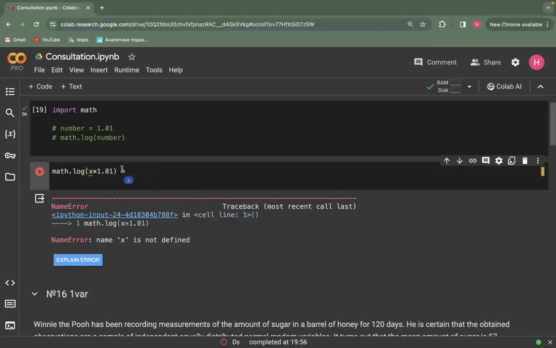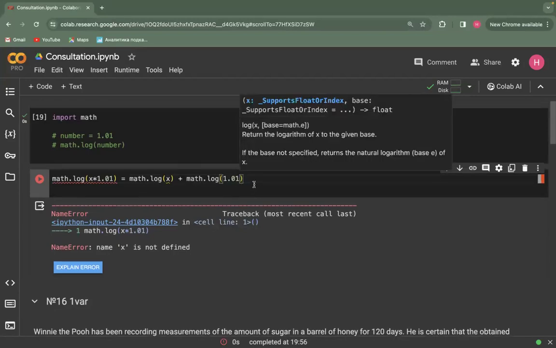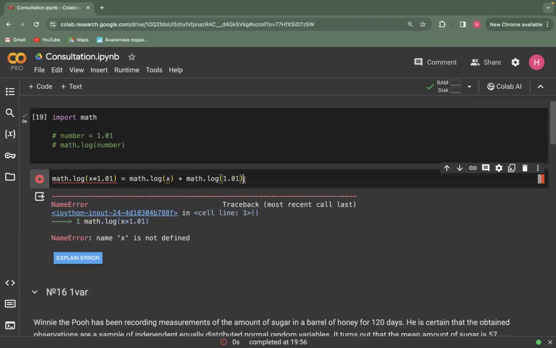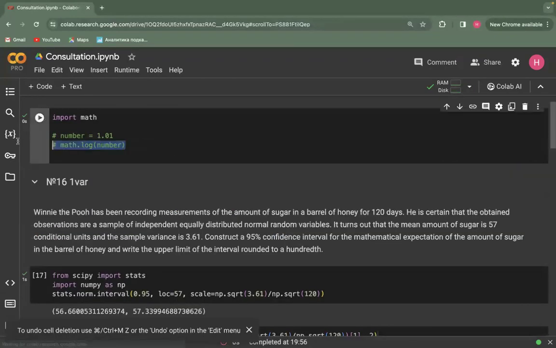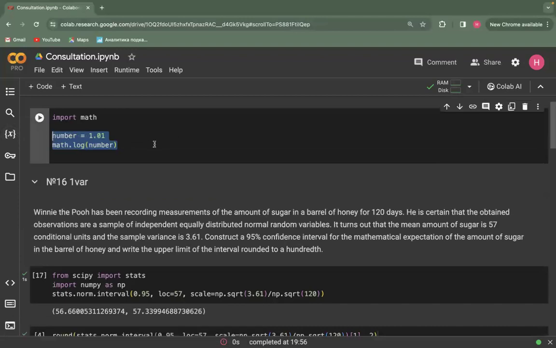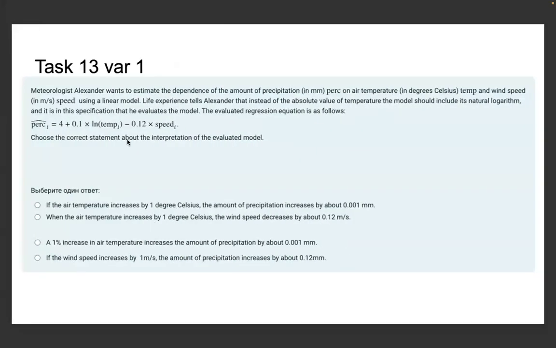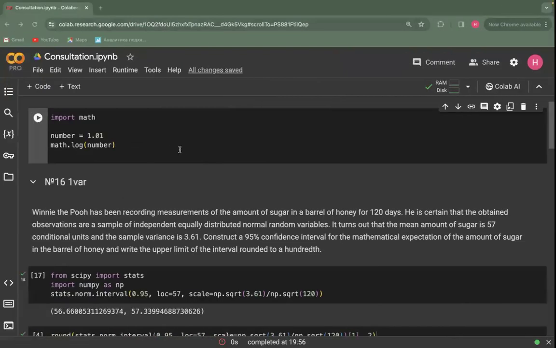This logarithm is equal to logarithm of x plus logarithm of 1.01. So we have to calculate just the logarithm of 1.01 and multiply it by 0.1.